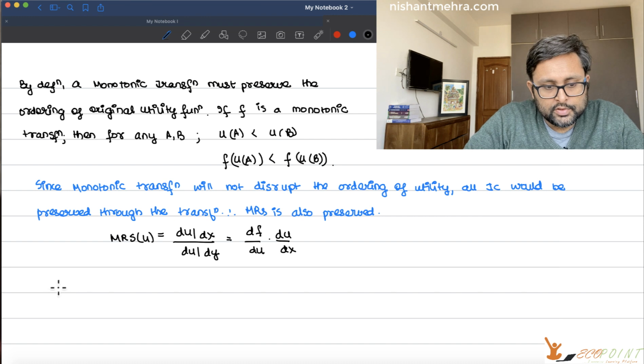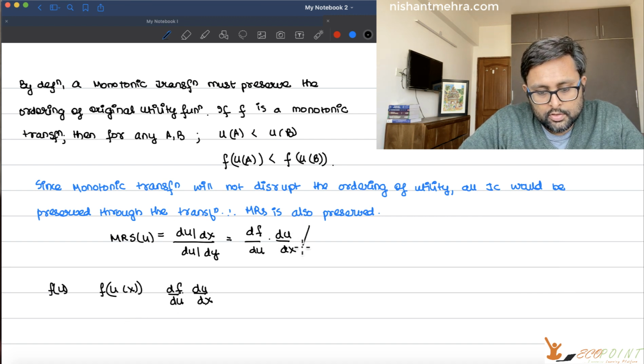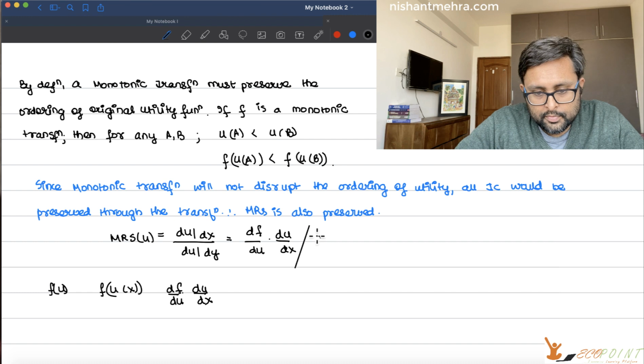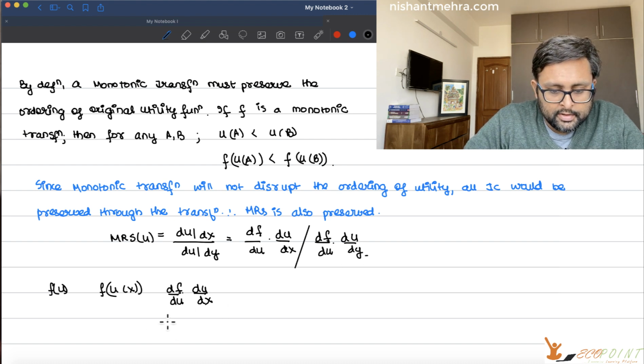Now you have f of u, or you can also say f of u of x. So if you want to find out the marginal utility here, you need to find out df by du and then du by dx. Chain rule. All upon df by du into du by dy, right?